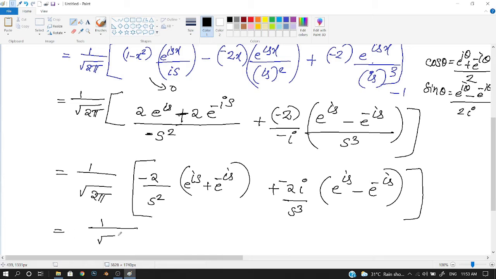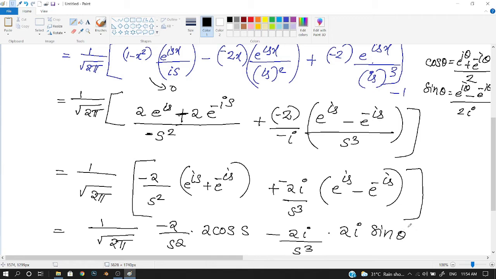So 1 by root 2 pi, then minus 2 divided by s square into 2 cos s. Here minus 2i by s cube, here 2i sin theta. Here instead of theta we have s, so sin s.